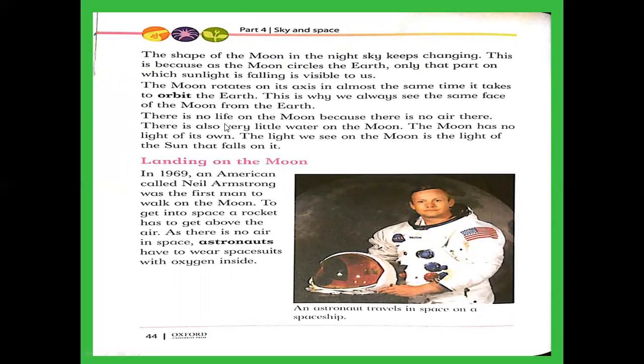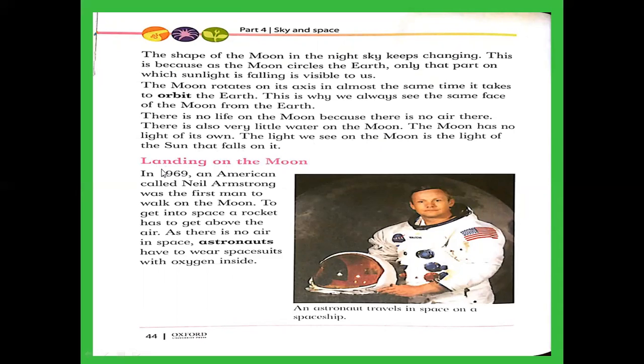There is no life on the moon because there is no air there. There is also very little water on the moon. The moon has no light of its own. The light we see on the moon is the light of the sun that falls on it.